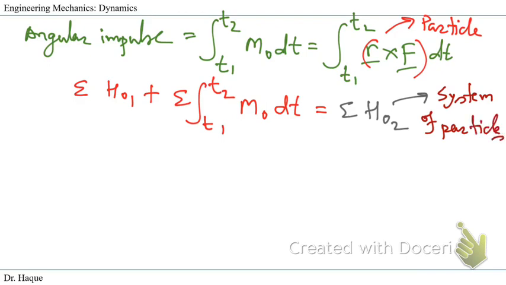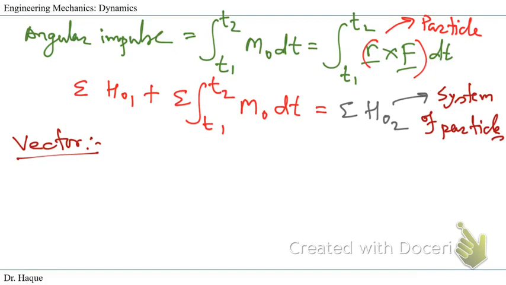Okay, so now let's see in vector form how our equation of the principle of impulse and momentum looks.